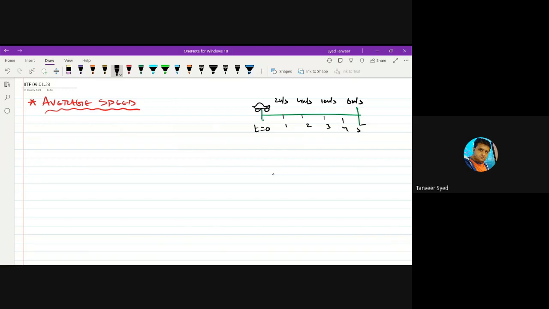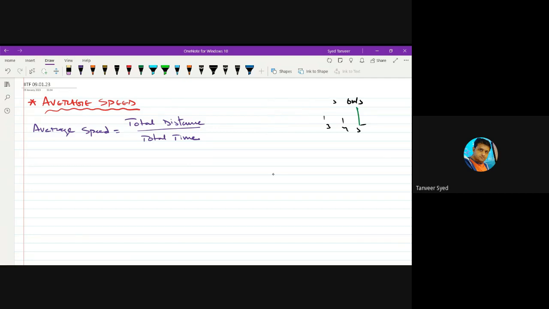Average speed is defined as the ratio of total distance covered by the body to total time taken.